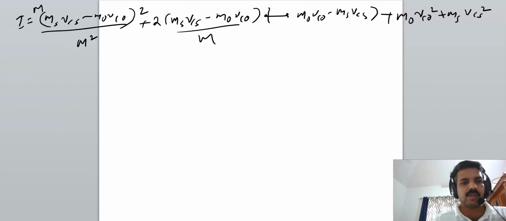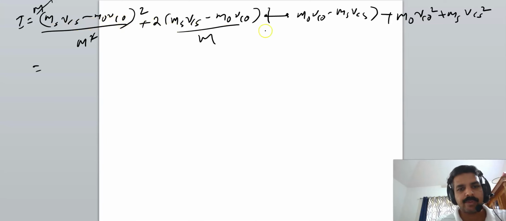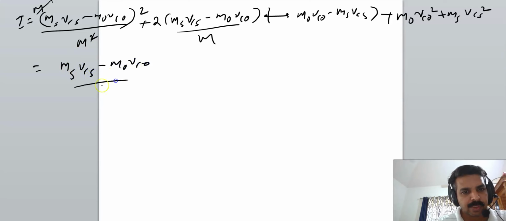Okay, then this we have obtained, and now from this equation one M is cancelled, and (MSRCS minus MORCO) square, here also (MSRCS minus MORCO) divided by M, these terms are here, so we can take this outside, that is (MSRCS minus MORCO) divided by M, taken outside.